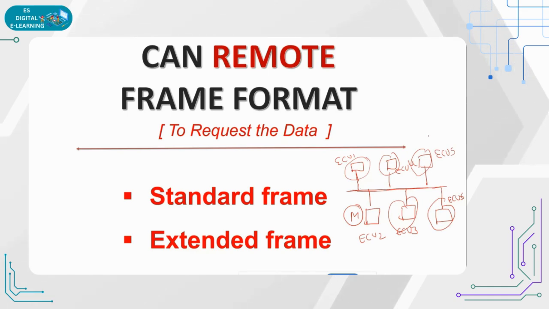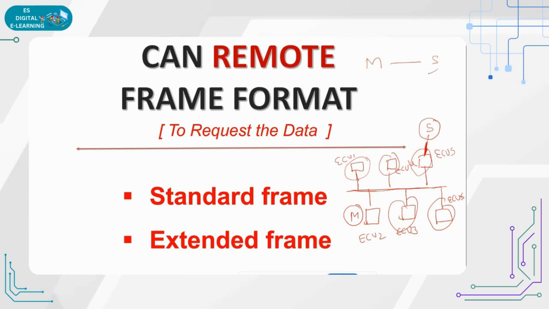So let's consider my data is for ECU5. So ECU5 is a slave. This slave needs data, so who will send it? The master will start sending the data. Let's make it like the master and slave here.